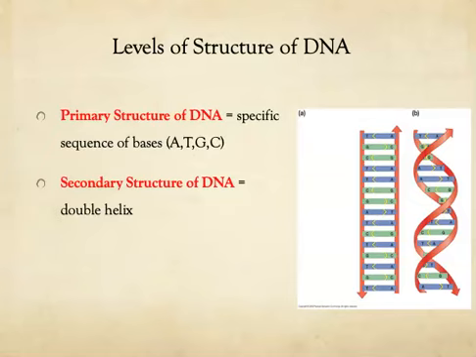On this slide over on the right, you're looking at a diagram of how we would perhaps draw a double-stranded piece of DNA, indicating the specific sequence of the base pairs, and how that molecule would actually exist in nature, which is to form this double helix. Primary structure, secondary structure.